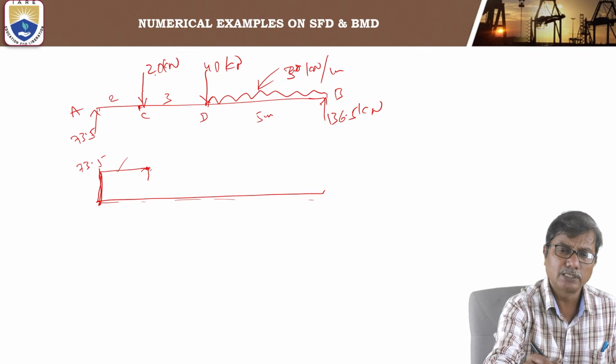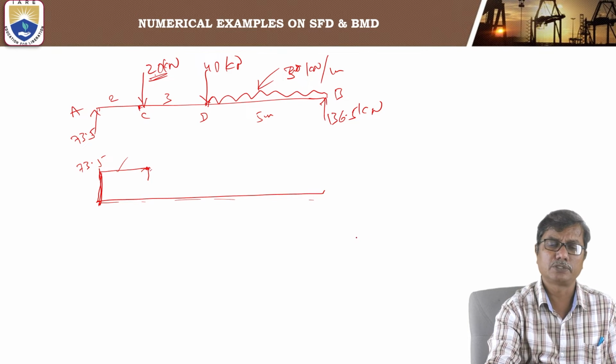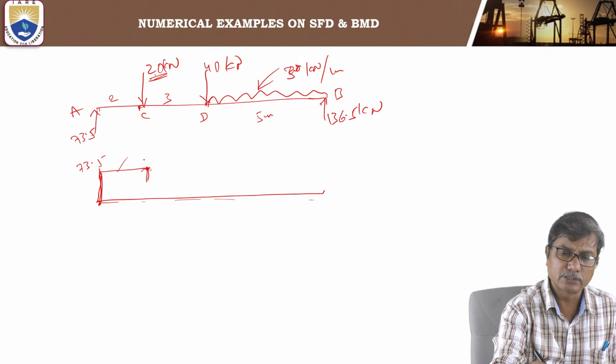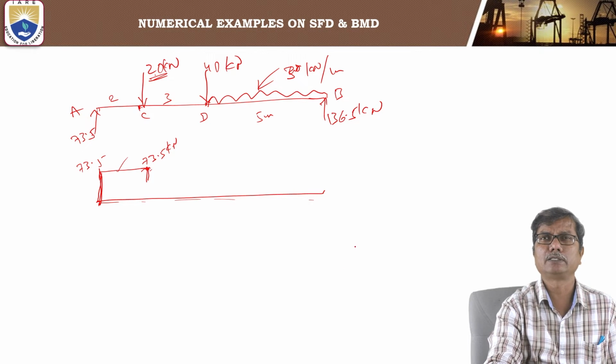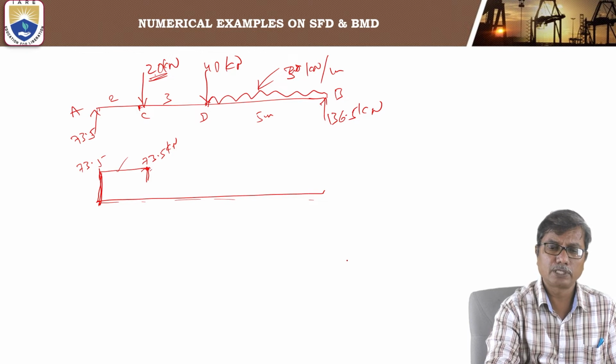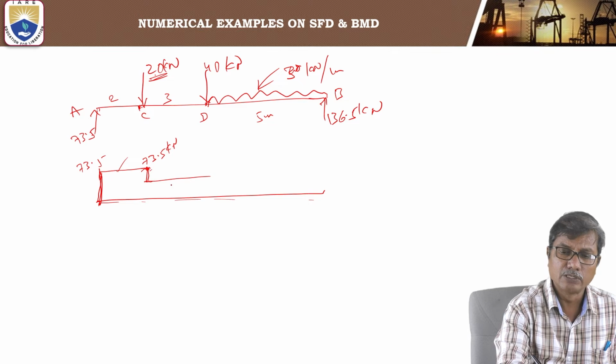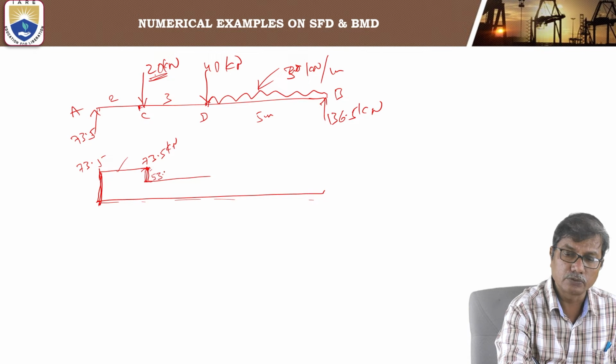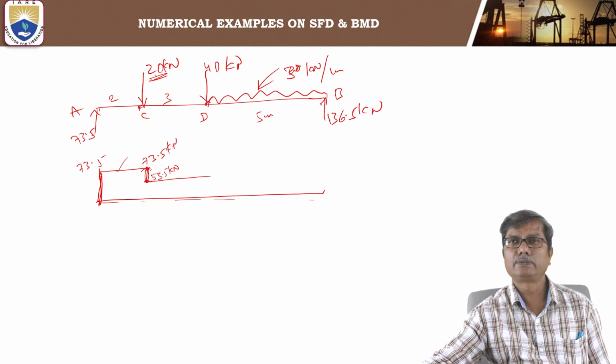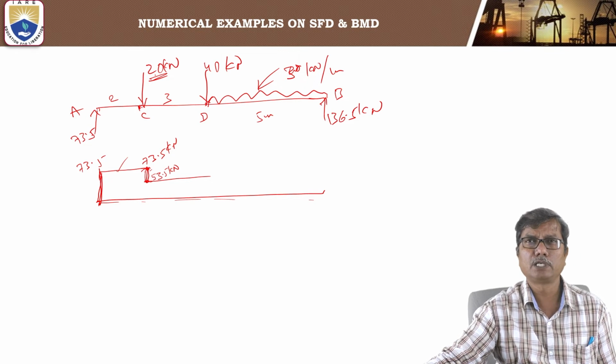There is a drop in the value of shear force by 20 kilonewtons. That means at the point where a concentrated load is acting, there will be a drop or rise in the value of shear force. When you move from left to right, there is a drop of 20 kilonewtons.